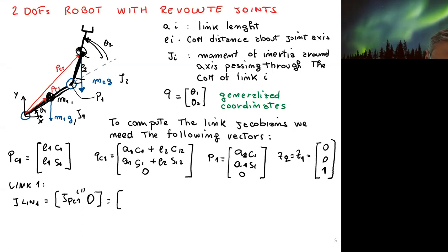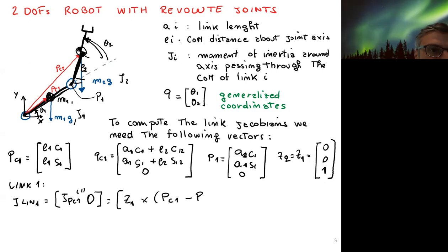And the joint that is before link 1 is joint 1, that has z_0, cross the vector going from link 1 frame to the center of mass of the first link.